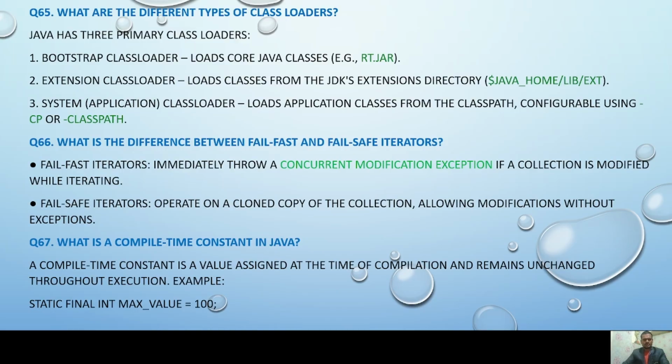Next question. What is the difference between fail fast and fail safe iterators? Fail fast iterators immediately throw a ConcurrentModificationException if a collection is modified while iterating. Fail-safe iterators operate on a cloned copy of the collection, allowing modifications without exceptions.